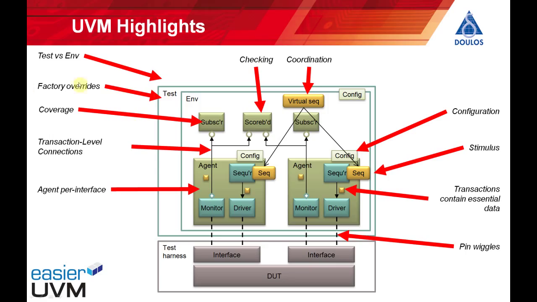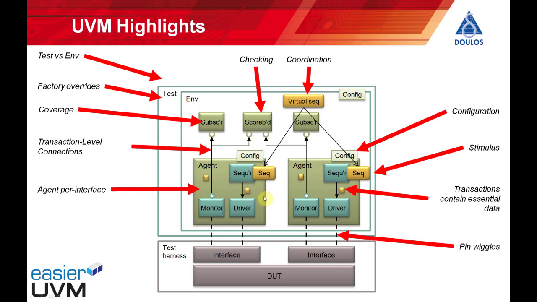So by setting factory overrides in a test or higher up in the verification environment, you can modify the actual behavior or structure of lower level components. For example, if you go out onto the web and buy some verification IP that's implemented in UVM, you might find that you have a bunch of agents and sequences that you take, instantiate within your env and then run.